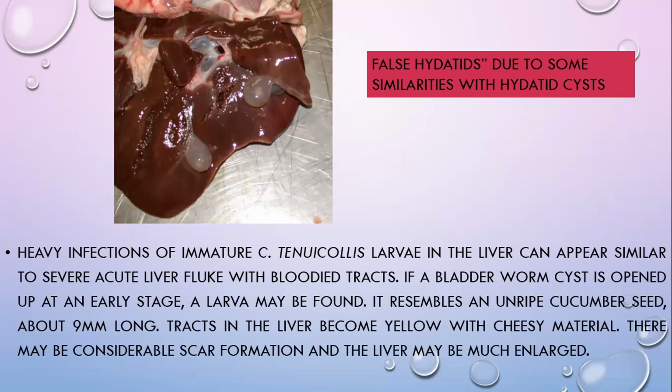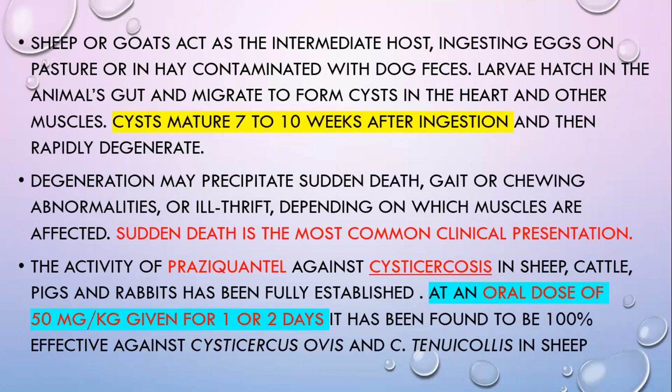But there is scar formation also, and there is also liver involvement, but the presence of this cyst will give away the condition. So the sheep or goat acts as intermediate host, and after ingestion of the egg, the cyst is formed almost 7 to 10 weeks after the ingestion, after which they degenerate.